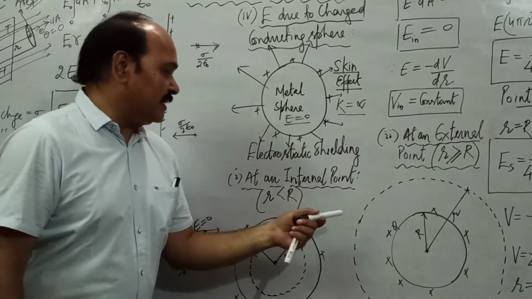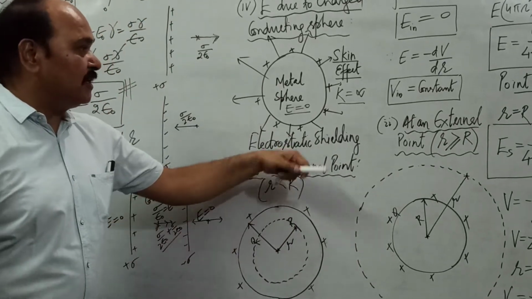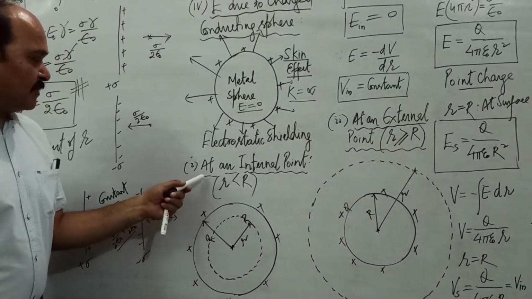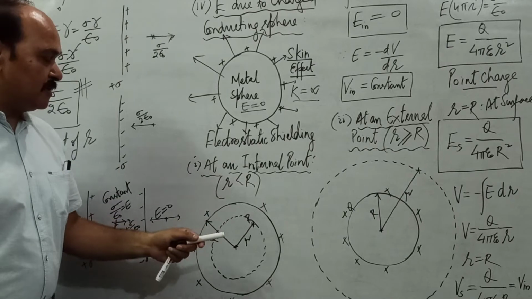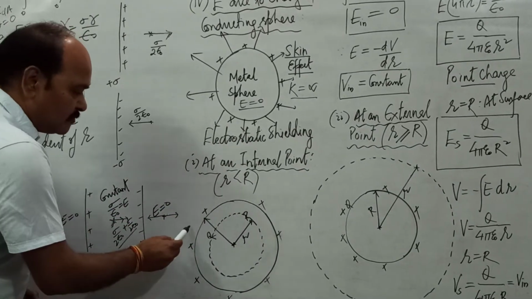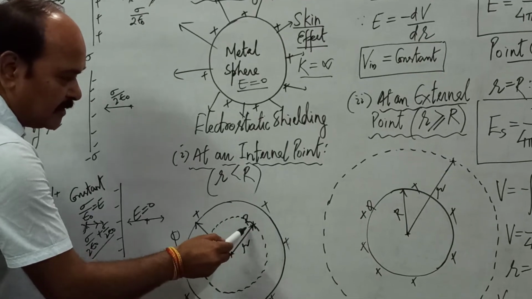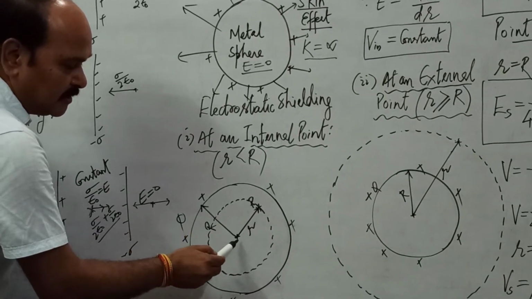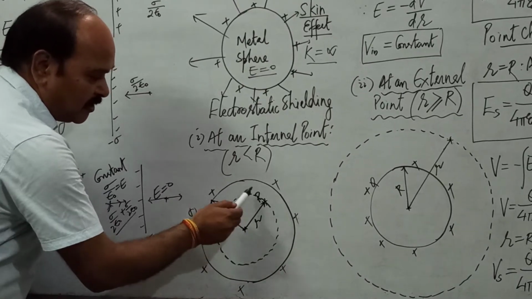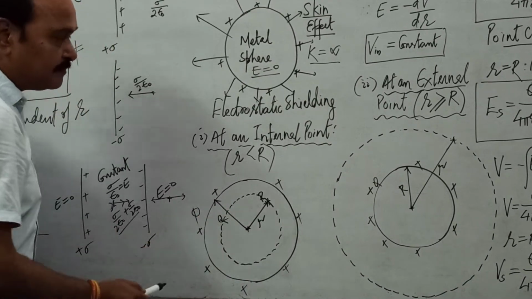Now, what is the electric intensity at any point inside? What is the electric intensity at any point outside? Let us discuss that. First, at an internal point. So this is a conducting sphere and it is given charge Q. This is a point P inside at a distance r from the center. Let us draw a Gaussian surface passing through this point, taken in the form of a sphere.